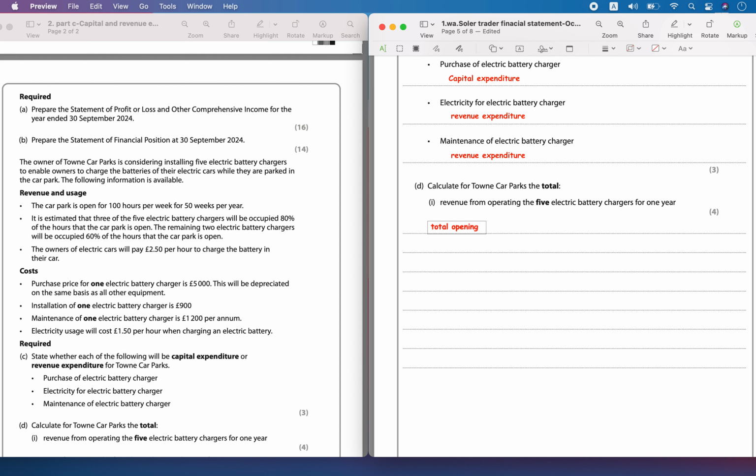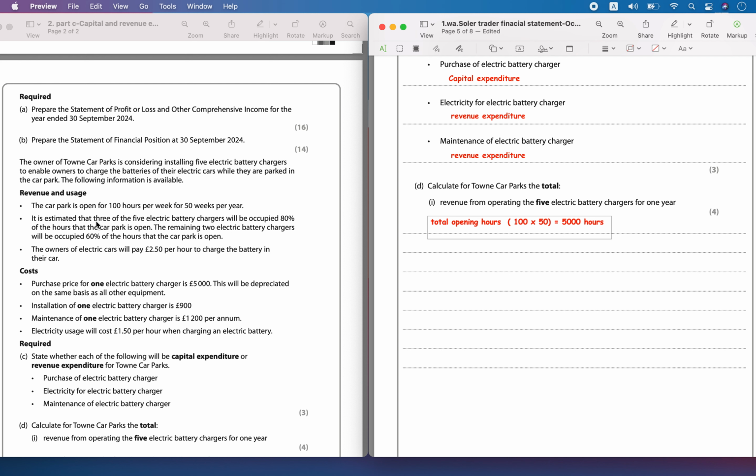The total opening hours for the car park is 100 hours a week for 50 weeks per year, so the total number of hours is 5,000 hours open in the entire year.